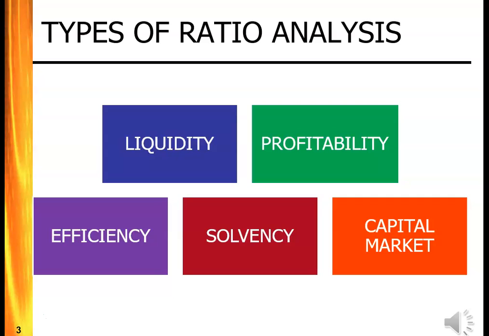And the other type of ratio analysis belongs to the window we call efficiency, where these particular ratios will explain whether the management is efficient or not in conducting the management tasks in managing the business. Usually we hire managers or executives or somebody else to manage our business.